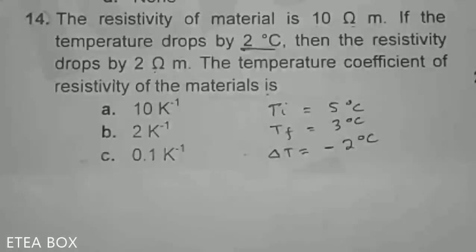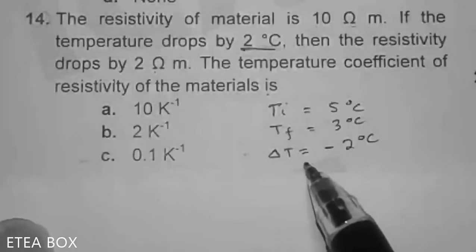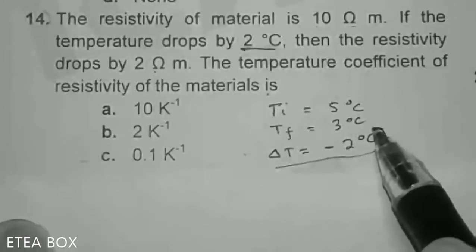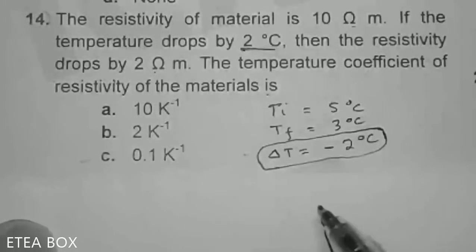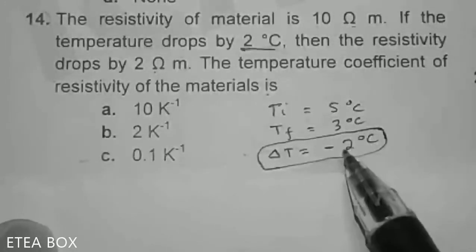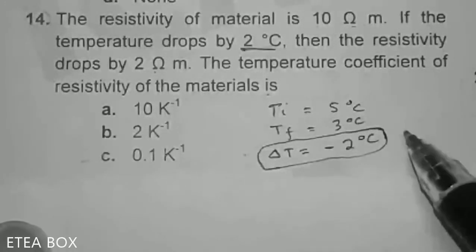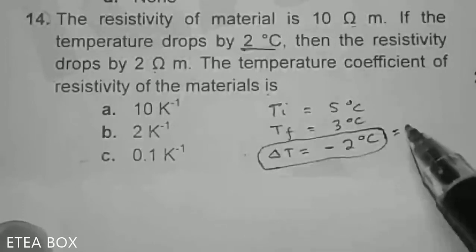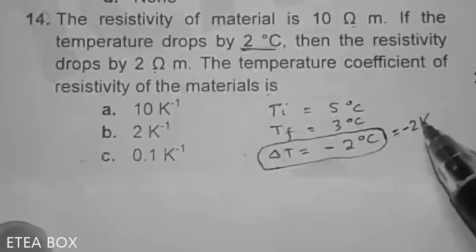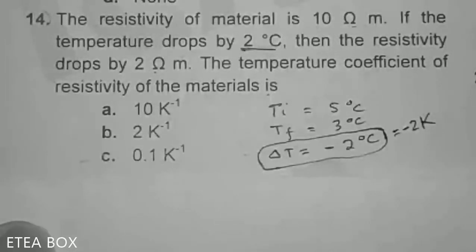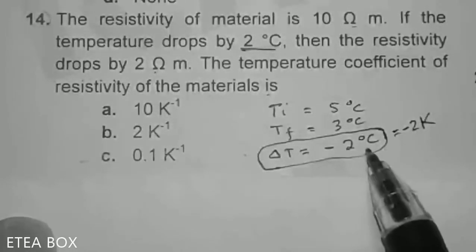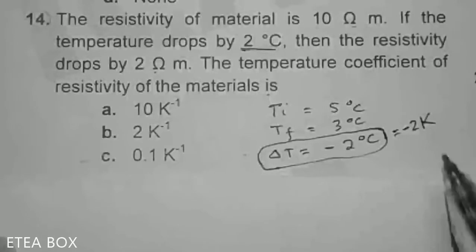Okay, now look at here, we have to convert this centigrade into Kelvin. In order to convert this centigrade into Kelvin, directly put change in temperature is equal to minus 2 Kelvin. Now keep one thing in your mind, that the separation between the centigrade scale is equal to the separation between the Kelvin scale.